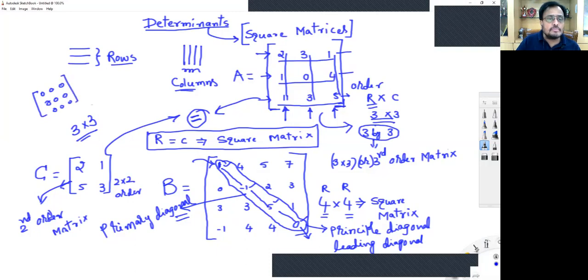Unit matrix means 1 0 0, 0 1 0, 0 0 1: all the diagonal elements are 1 and the rest are 0. A unit matrix must be a square matrix only, sometimes denoted by capital I, or also known as the identity matrix. This much is enough to start the topic of determinants.